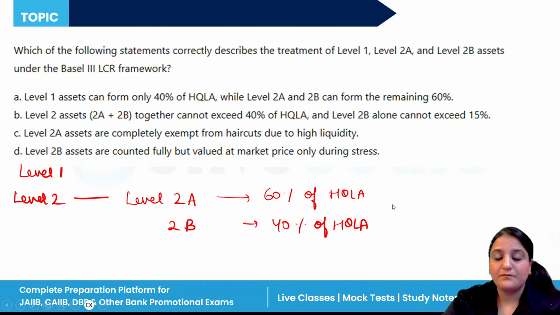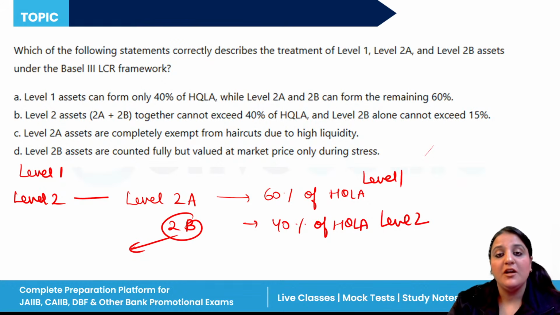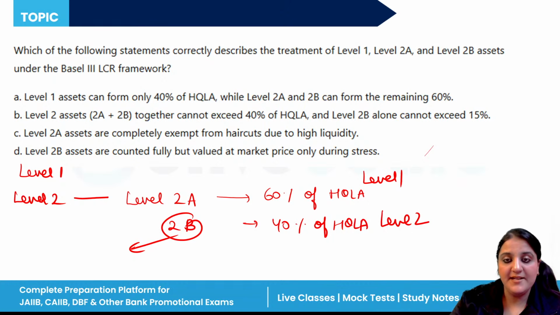So we can say here, in the level 2B assets, this is for level 1, this is for level 2, and for 2B we have 25% and 15%, which is 15% of HQLA, which is divided as, in level 1 we have to deduct 0% margin.